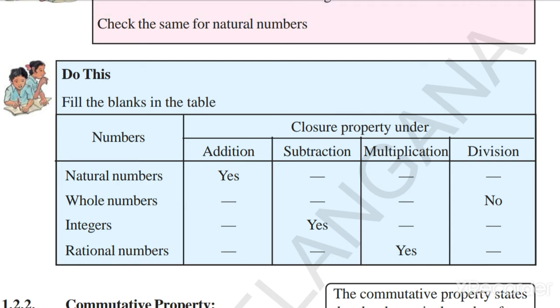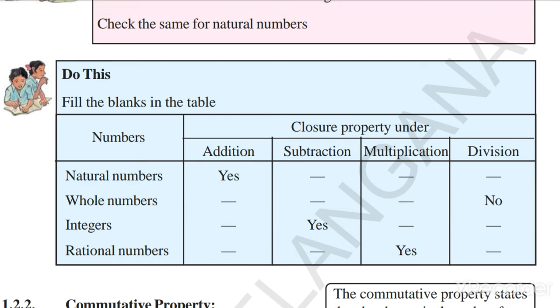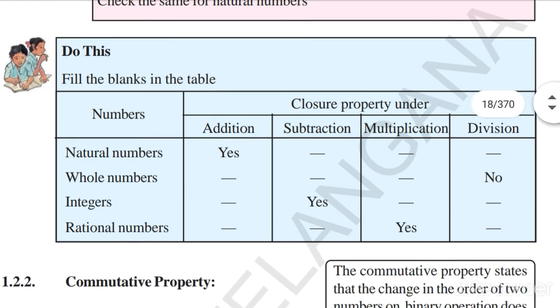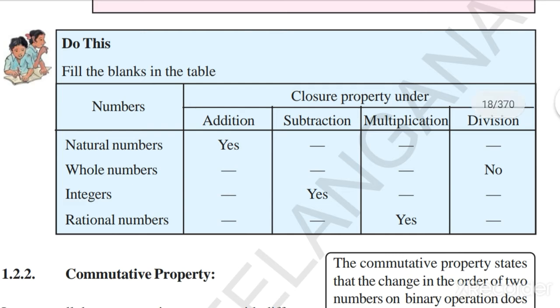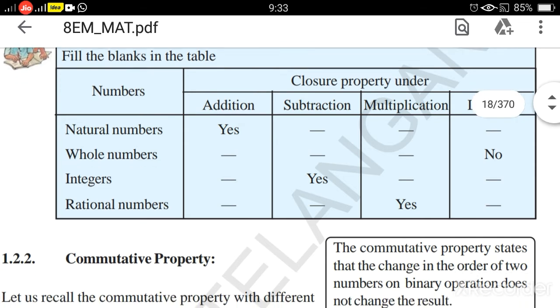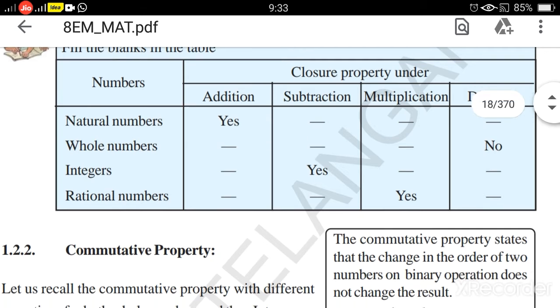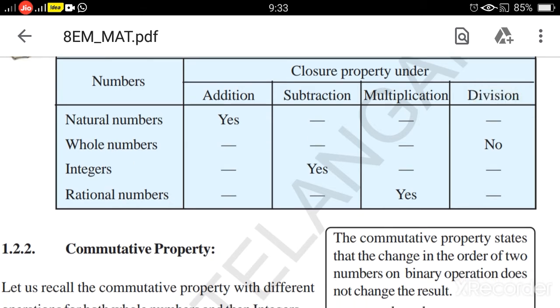Now go for whole numbers. Addition is closed. If you take any two numbers, you get a whole number only. Subtraction is no. Multiplication yes. Division is no. For integers, addition is yes, subtraction is yes, multiplication also yes, division is no. For rational numbers, addition yes, subtraction yes, multiplication yes, division also yes.